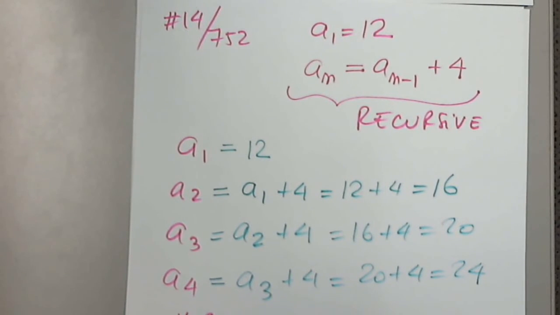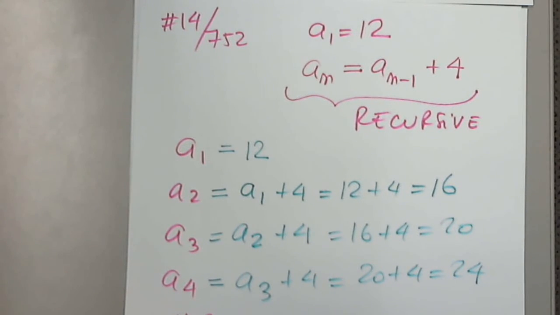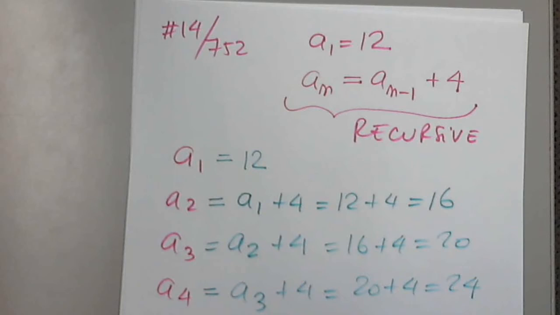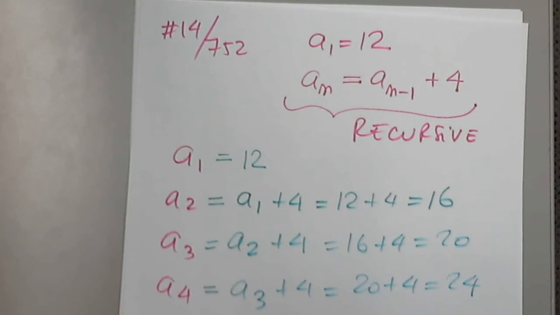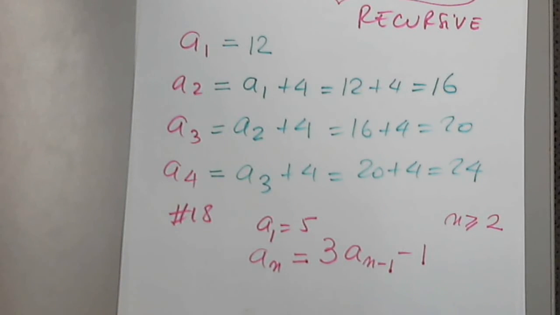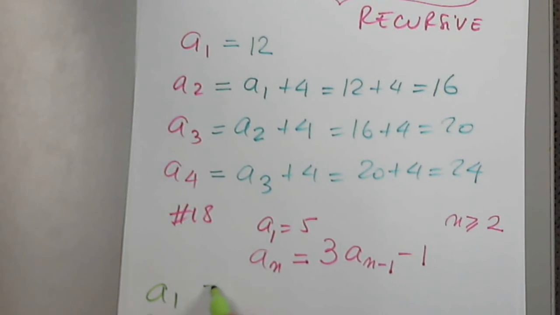And they say for n greater than or equal to 2, which we know. Okay, so we are asked to find the same thing. We're asked to find 4 terms, A1, A2, A3, and A4. Can anyone dictate A1? 5. Can anyone dictate the relationship first for A2, and then we'll calculate it?